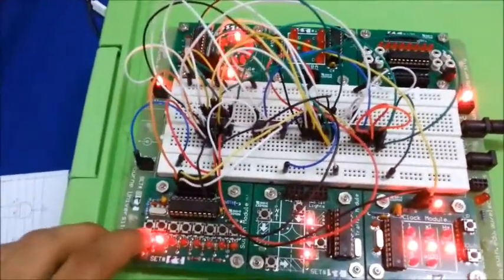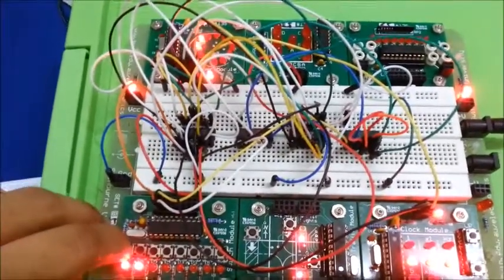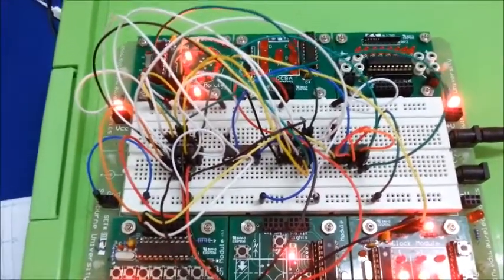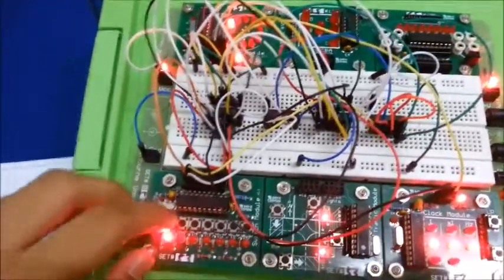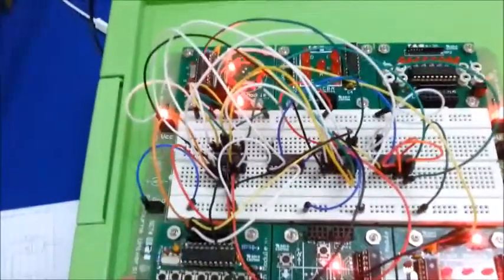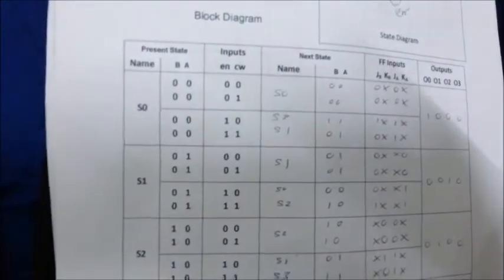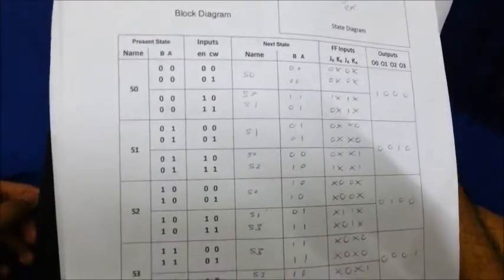But let's say when EN is 0, it won't move to any state. Doesn't matter if CW is 1 or CW is 0. And it's exactly like our prediction here. So thank you.